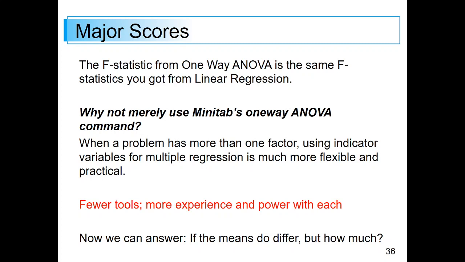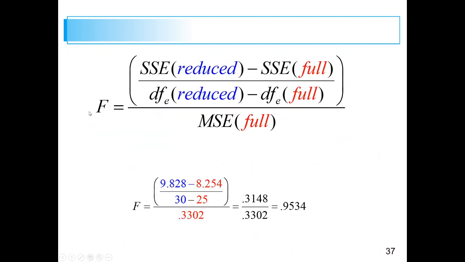Now, the question you might ask is, well, why don't I just use Minitab's One-Way ANOVA? Well, you have more flexibility with indicator variables, and it's more practical. So in other words, you have fewer tools, more experience with it, and more capabilities with the indicator variable method and the linear regression method. Now we can answer by how much the means differ.